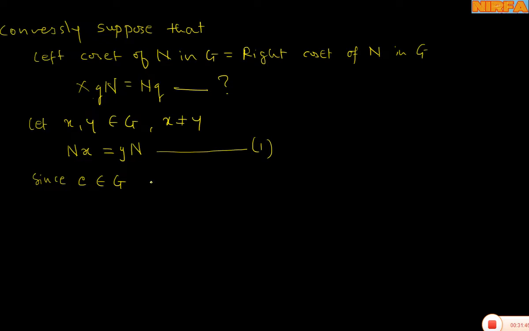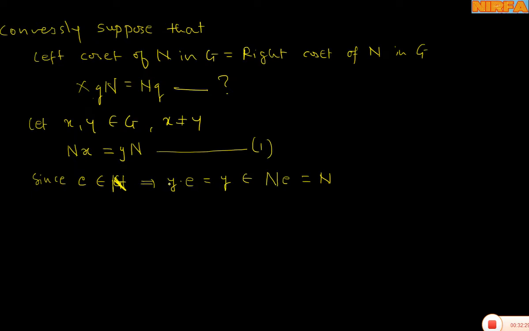This y into E, according to the identity law, its answer is y. So instead of G, I will take E, the identity element, from N, not from G, from N.